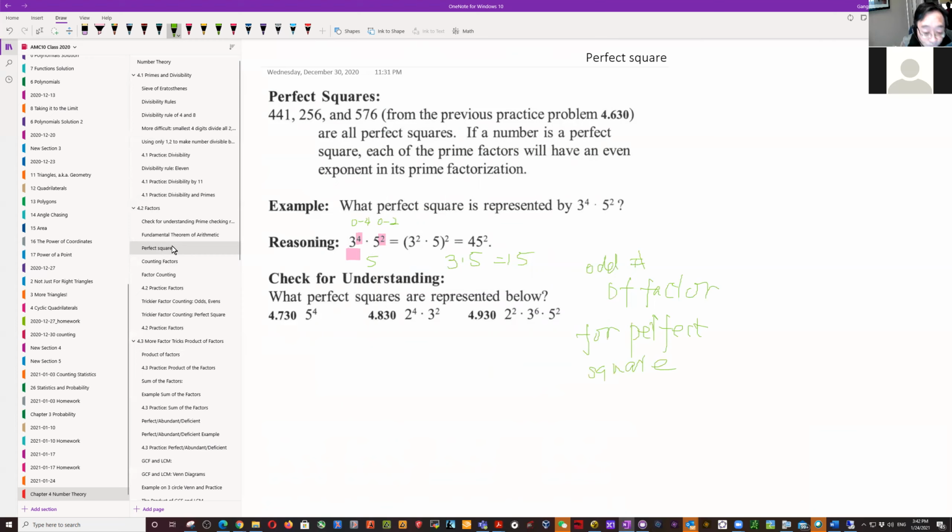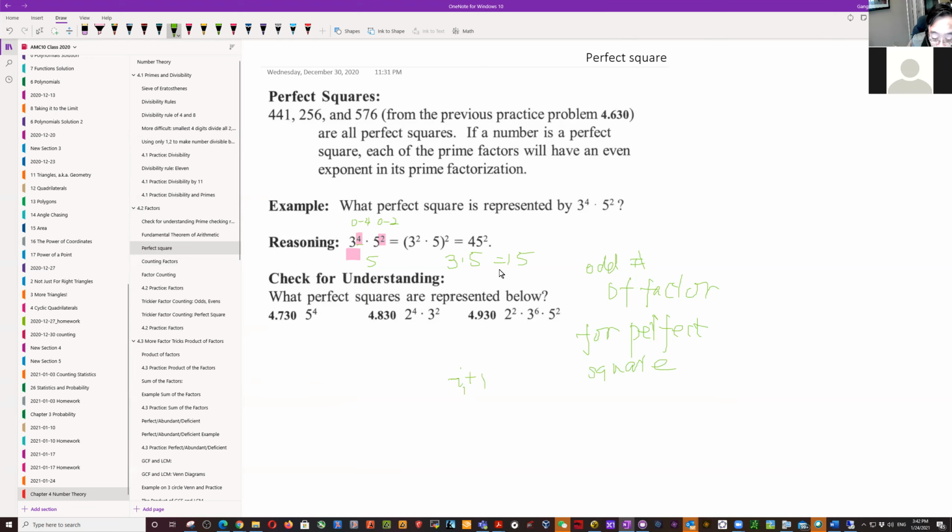And why, you would ask? Because for a perfect square, each prime factor always has an even index. The way we calculate the number of factors is to multiply index plus 1 at each position.